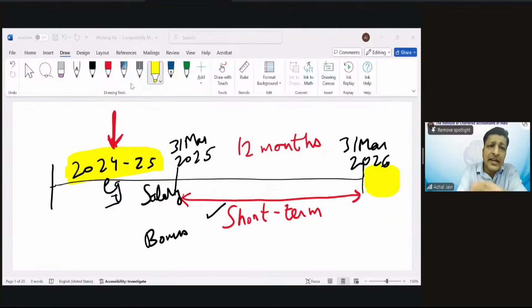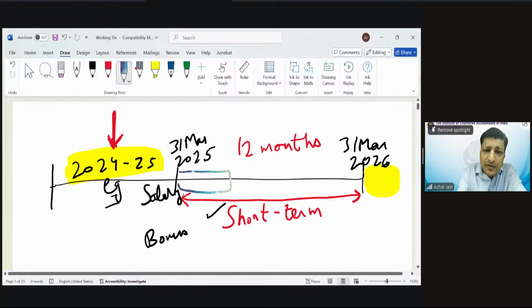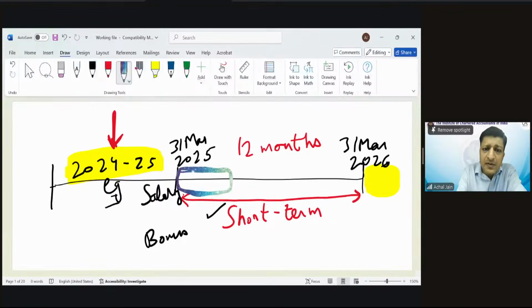Are you saying that, let's suppose this is the 3 months period, your 3 months period is within the 12 months period? What do you mean by 3 months period? The 3 months period is where any salary bonus comes in 3 months.